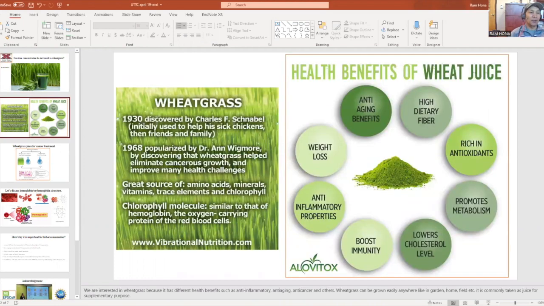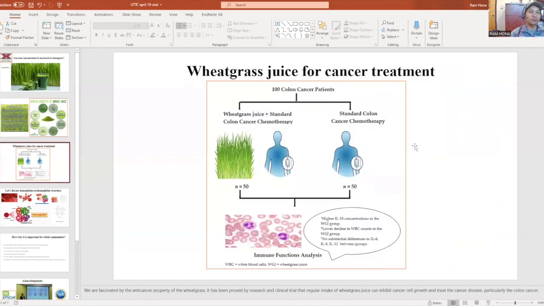We are interested in wheatgrass because it has different health benefits such as anti-inflammatory, anti-aging, anti-cancer, and others. Wheatgrass can be grown easily everywhere, such as in the garden, home, or field, and it does not require any specific environment or location. It is commonly taken as juice for supplementary purposes.